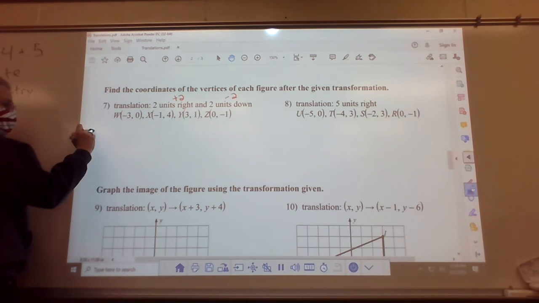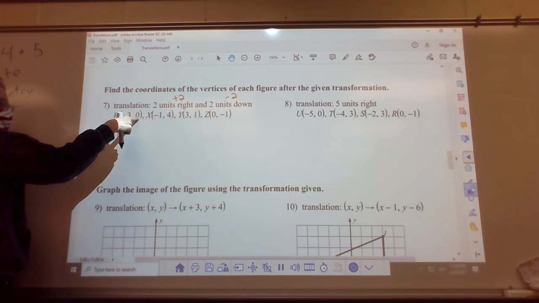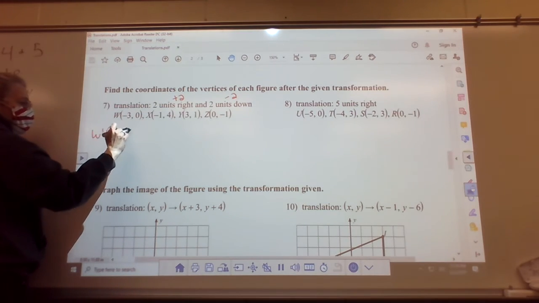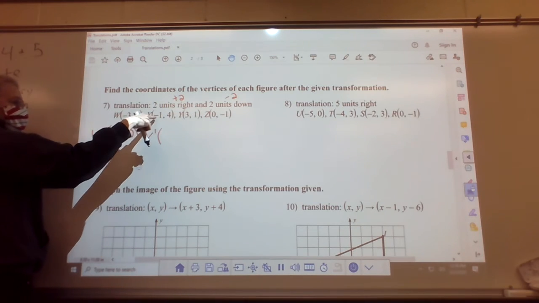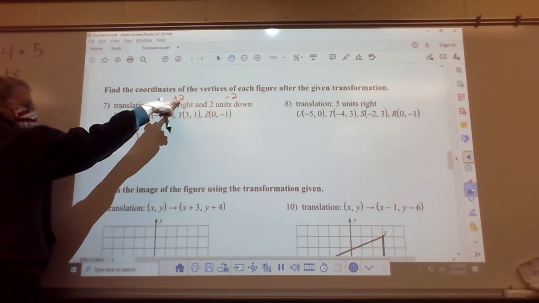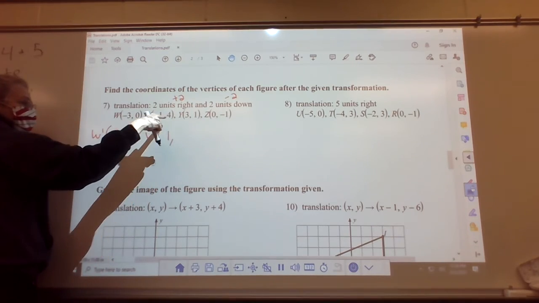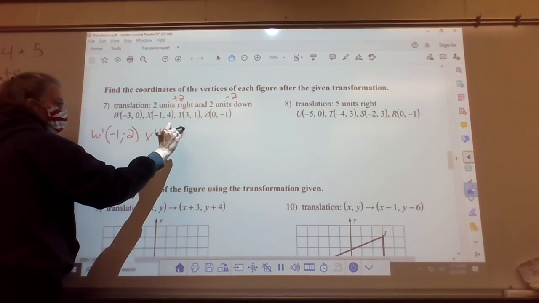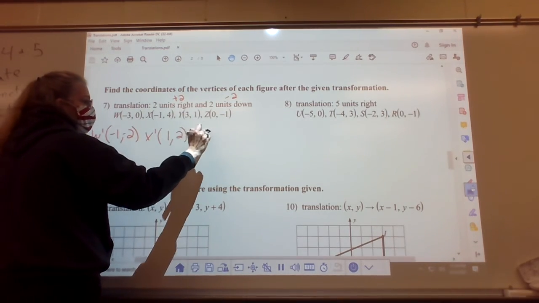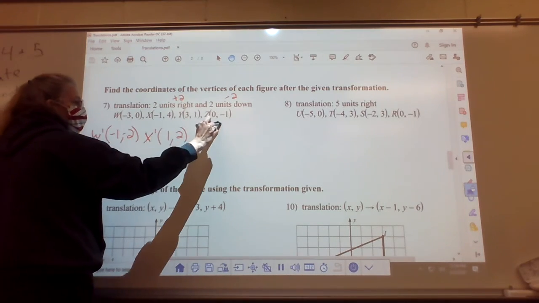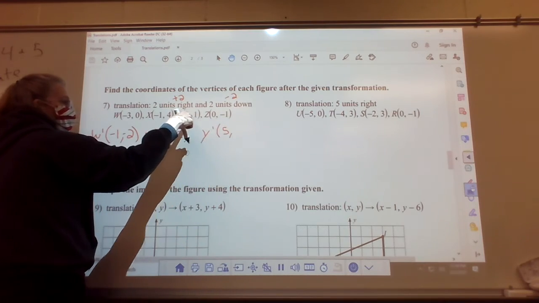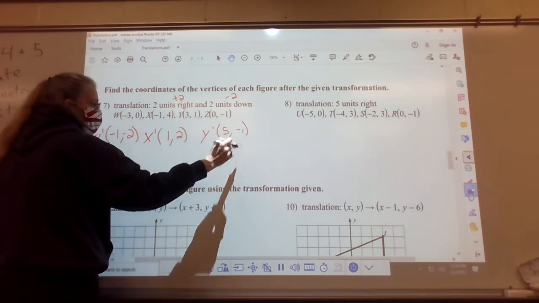So my new W, negative 1, comma, 0 subtract 2 is negative 2. My new X, negative 1 add 2, I'm at 1. 4 subtract 2, I'm at 2. My new Y, 3 add 2, 5. 1 subtract 2, negative 1.